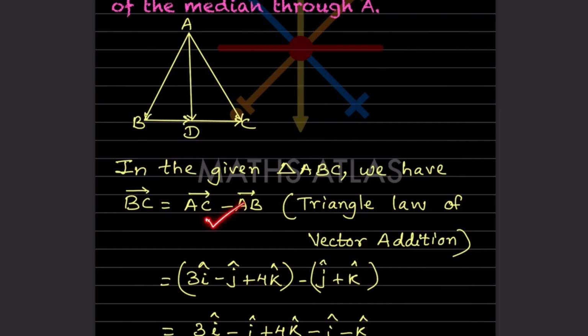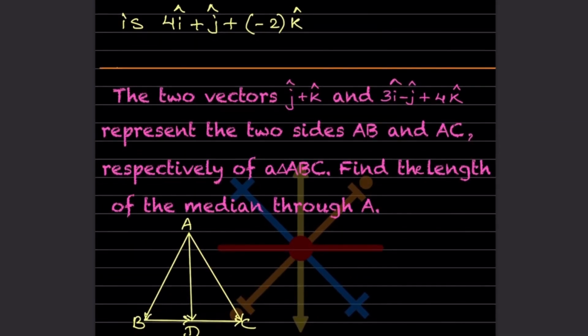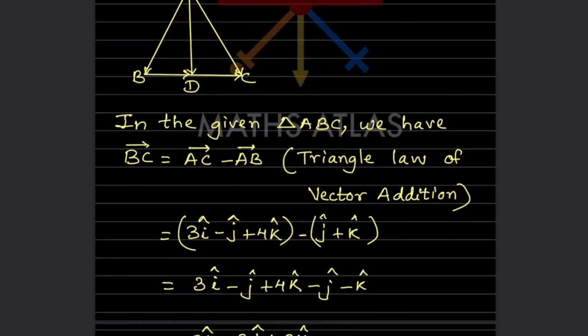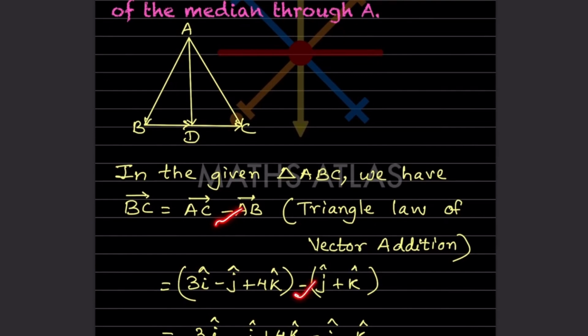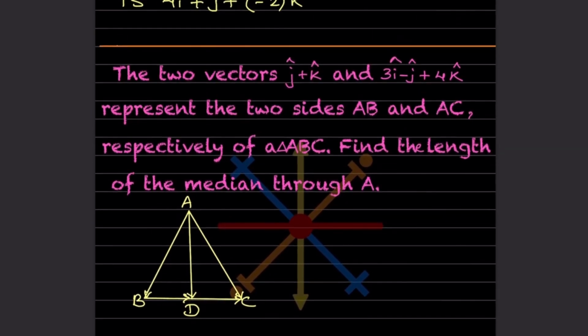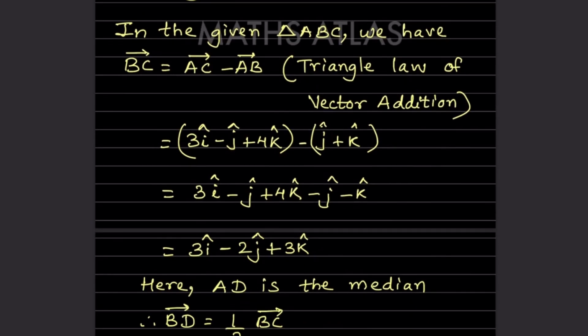So now we have AC. AC is given here. See, when they said these represent the two sides AB and AC, this will be AB and this is going to be AC. Hope this is clear. So now AC will be put here, and minus AB. So AB is this one, j plus k. So now let us remove the brackets.